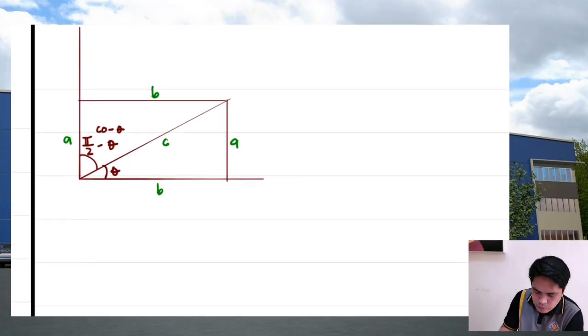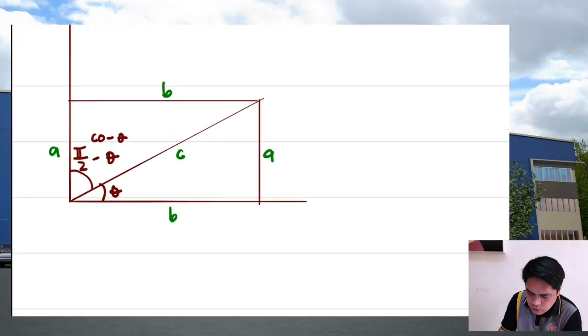Okay? Now, if we create now the functions or the ratios, starting with sine. Let's just use co to generalize. Sine complement of theta. So, yung angle natin is the complement of theta, this.